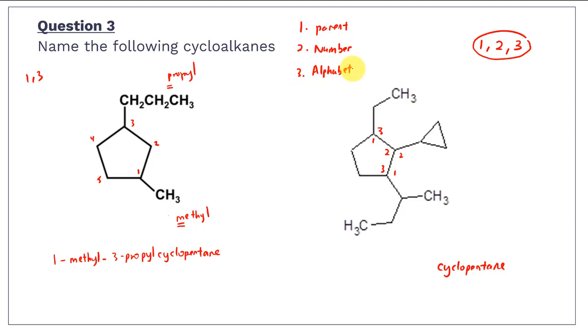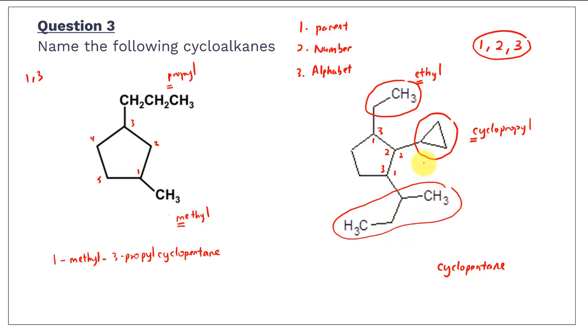Okay, so for these substituents, you have the two-carbon one, which we call ethyl, with the letter E. The second substituent is a cyclopropyl, so for cyclopropane as the substituent, we take the letter C. And then this substituent is a sec-butyl.